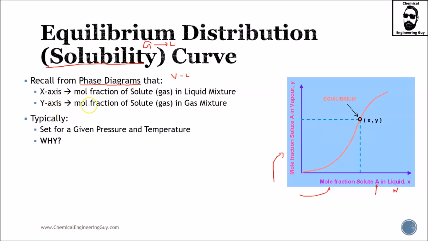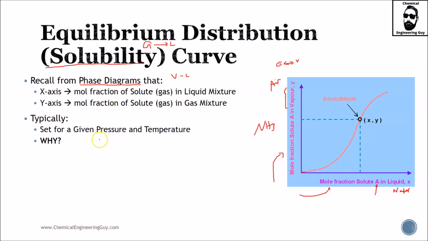And then I have the y-axis, which is the mole fraction of solute A in the vapor, which technically should be a gas, but remember that you may encounter these interchangeably, which is not always correct, but for the sake of this demonstration, let it be true. And y, let it be air. Actually, let's assume this is the ammonia case we were watching before. Ammonia can be in air or water.